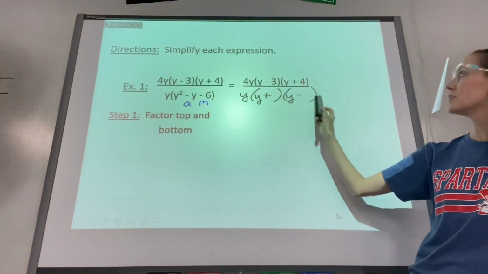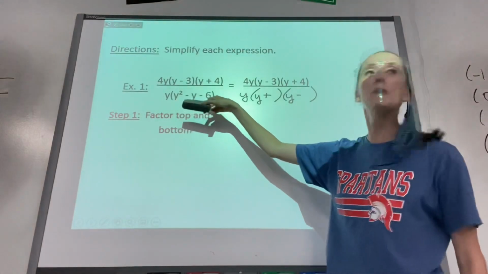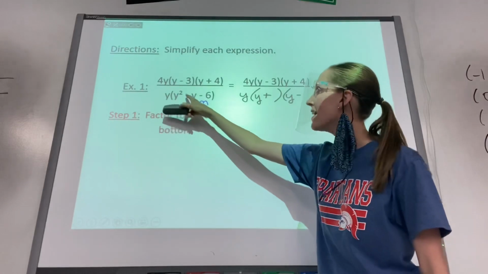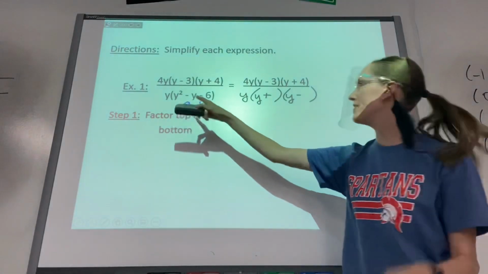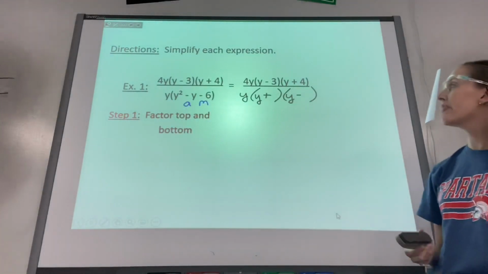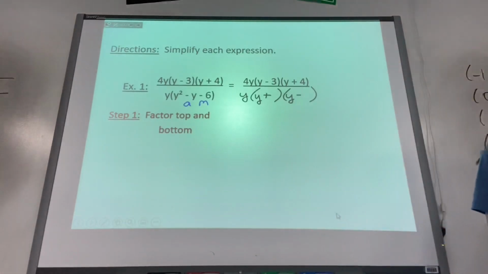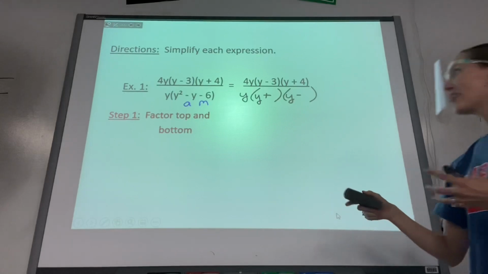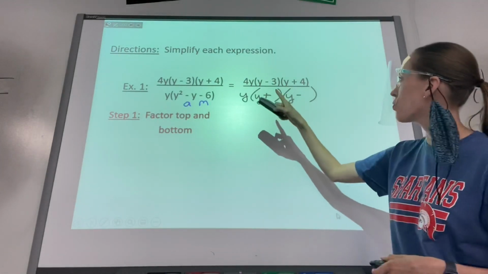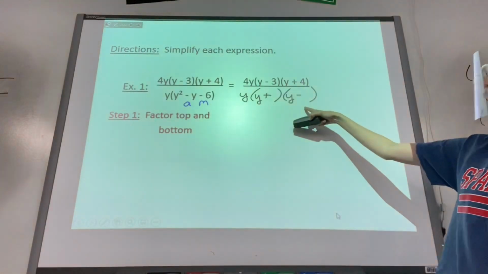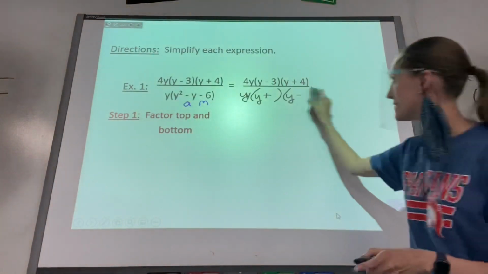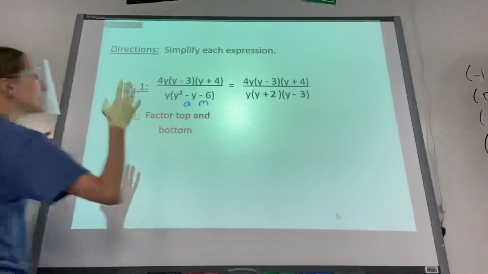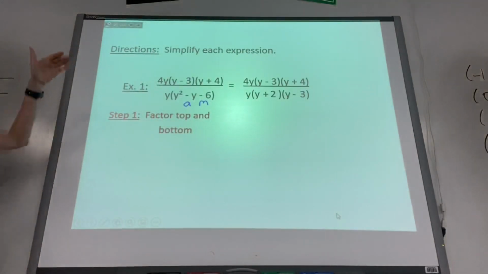The 2 numbers you pick need to multiply to negative 6 and add to negative 1. You don't see the 1, but technically that's negative 1. So what numbers do I need? 3 and 2. Which one goes with the minus? 3. So a plus 2, a minus 3. We've done step 1, factor the top and bottom.